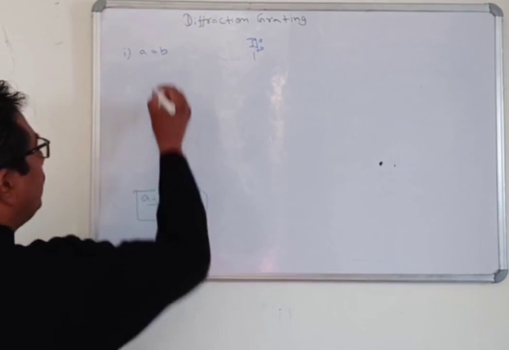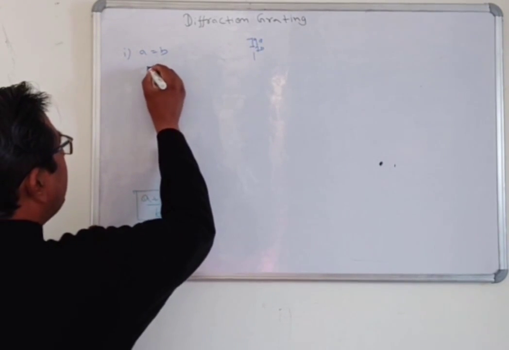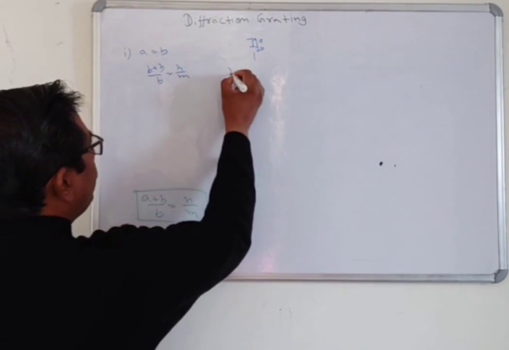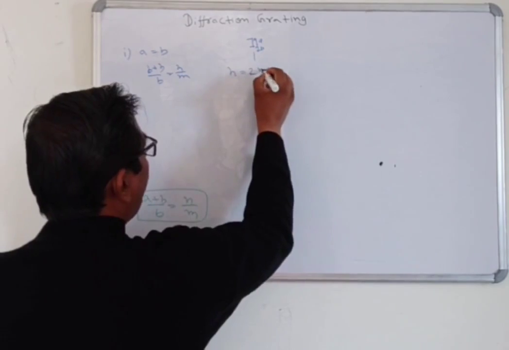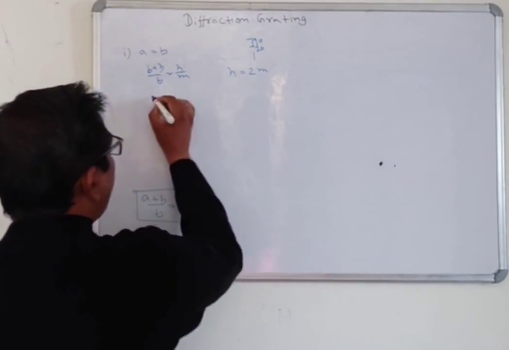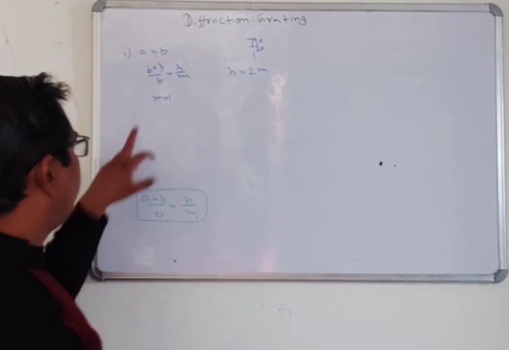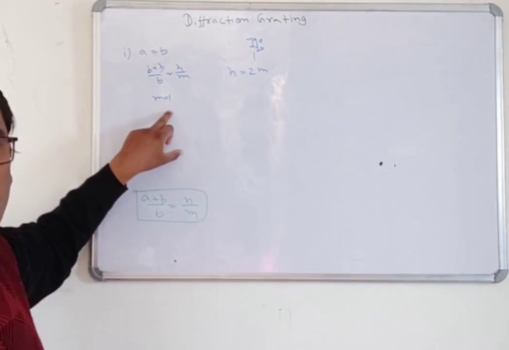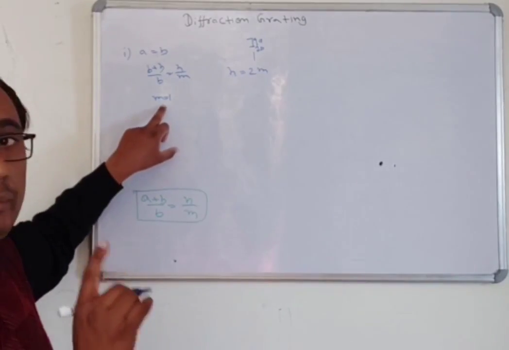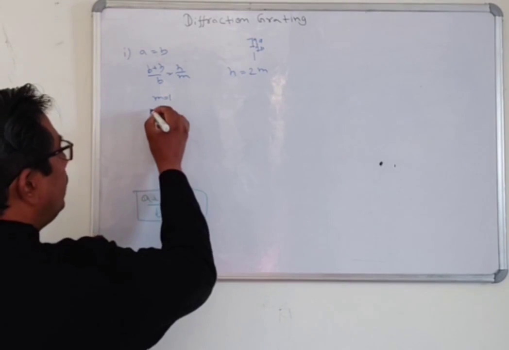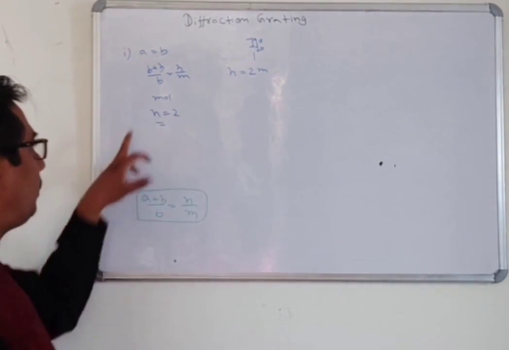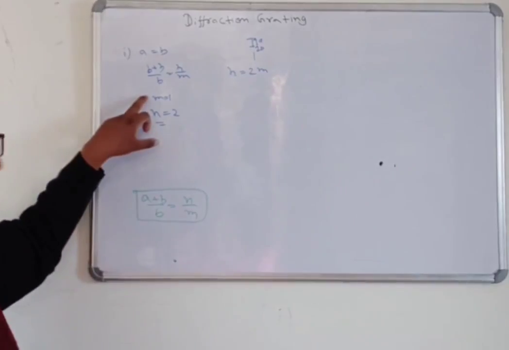In this condition, you will see that (b+b)/b is equal to n/m. You will get n equal to 2m. Here, suppose m is equal to 1. It means that the diffraction minima is at m equal to 1, and the principal maxima lies at n equal to 2.